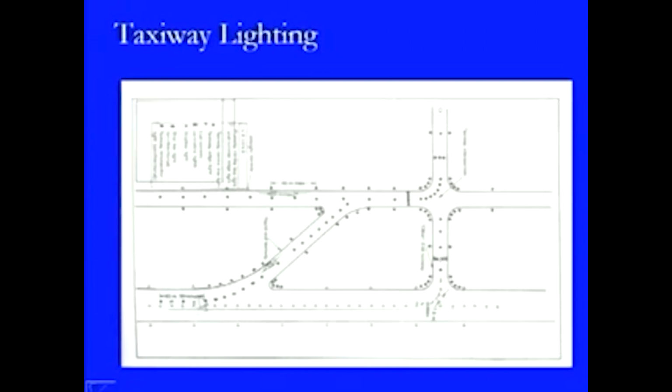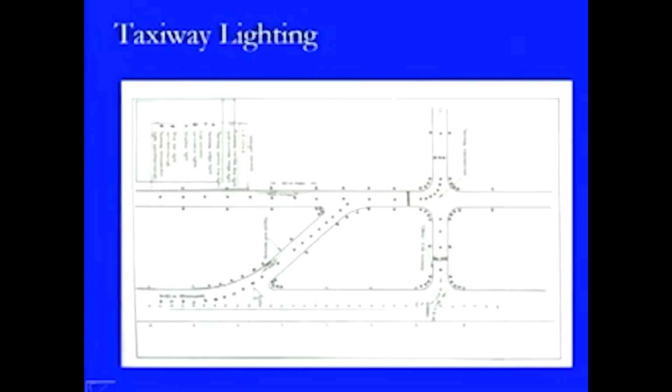That is the same thing being shown here, that the markings of the center line of this exit taxiway go for a distance of 60 meters. So, this is a rapid exit taxiway, and at this location as well as at this location, so as to define the turning condition, these lights are being provided. Similar is the condition here, we have the lights being provided at this location too.